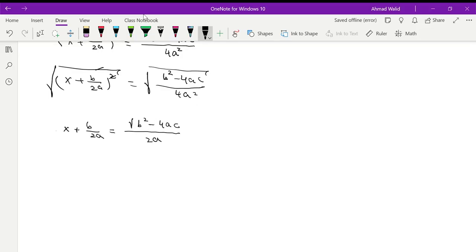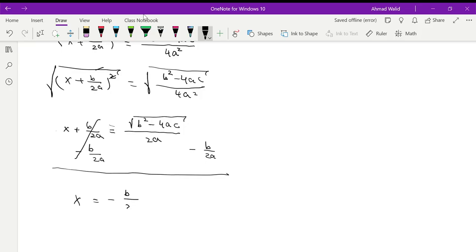Now, moving b over 2a to the right means subtracting b over 2a from both sides. You will end up with x equals negative b over 2a plus minus, because every time that you take a square root, I forgot to put plus minus here, you have the sign of plus minus, right?